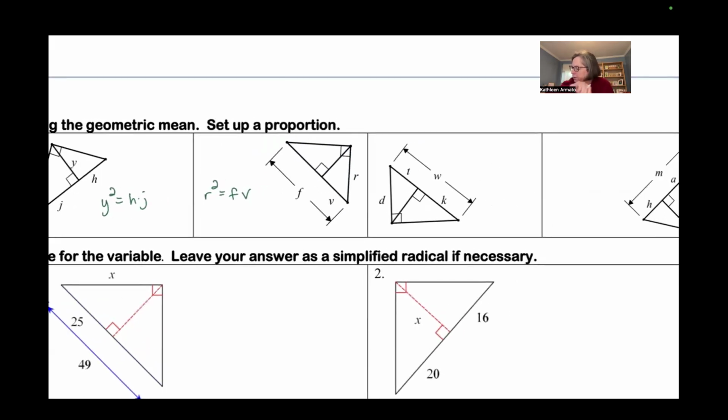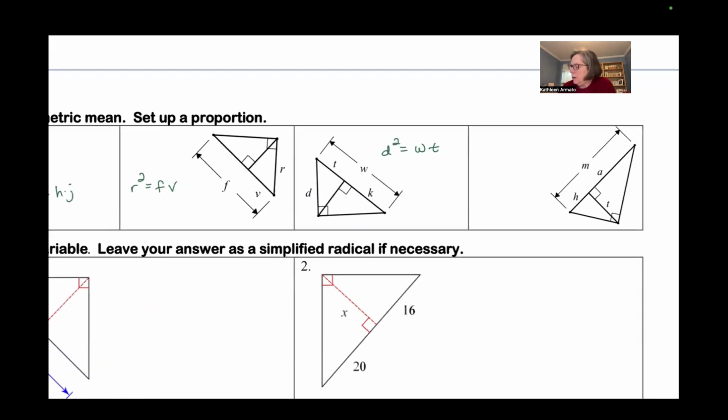And here, again, nothing about the altitude of the original triangle. I'm given a leg of the original triangle, D. So the leg rule is that D squared equals the entire hypotenuse times the part of the hypotenuse adjacent to that leg. So adjacent to D, which is T.